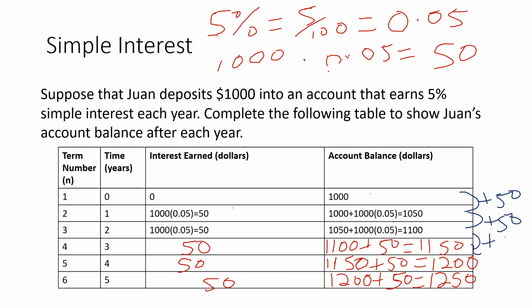It's addition, so it's a linear function. Plus 50, and the x goes plus 1. Remember when we did the linear pattern? Now if I want to write my equation for this one, it's a linear function, so it should be in y equals mx plus b.